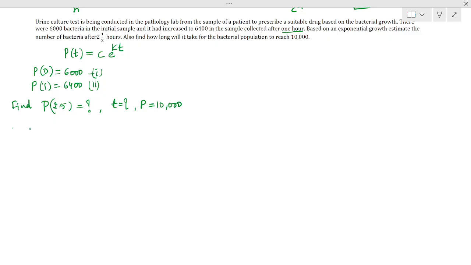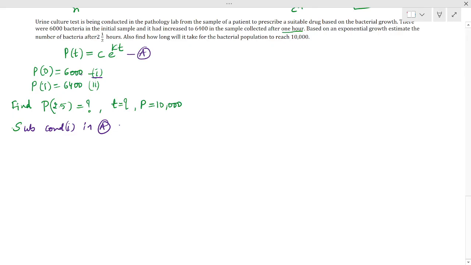Substitute condition number 1 in the given equation. Call it A. What is condition number 1?